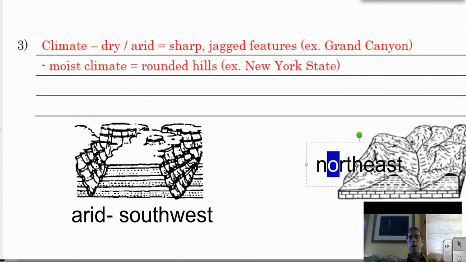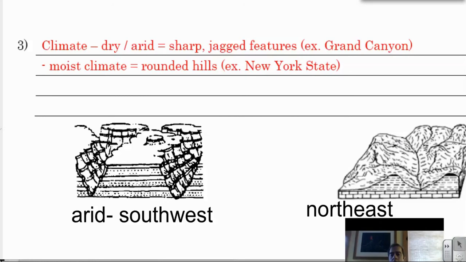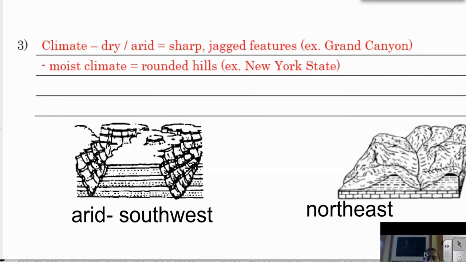If we look at the example, we have both horizontal bedrock here, but the erosion is affected differently because of the climate.